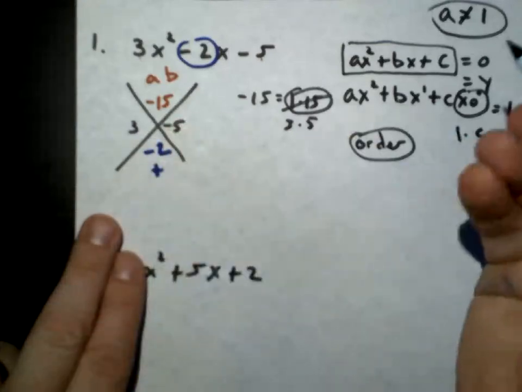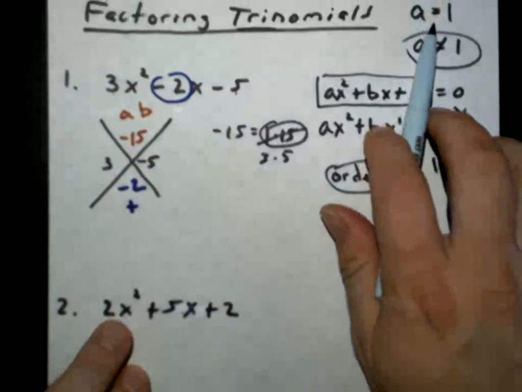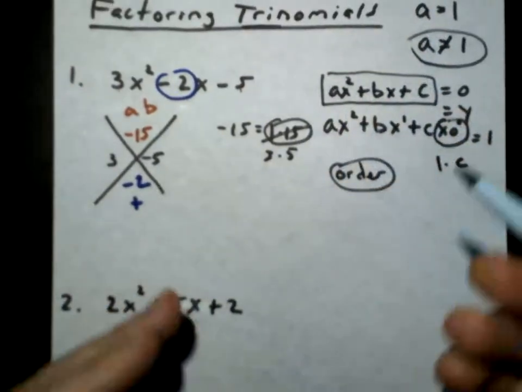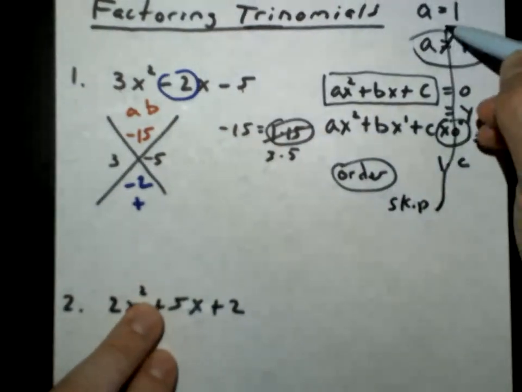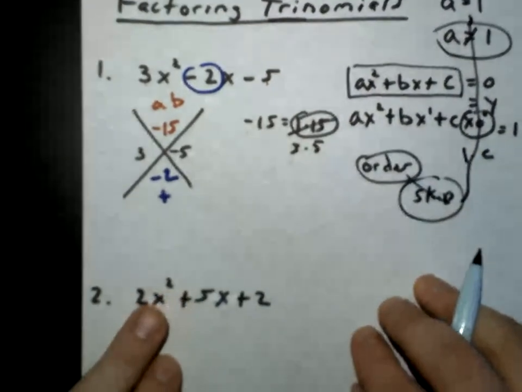See how that's working? Okay, so if you saw the other video that had a equals 1, we could skip that bonus feature. But since we don't have that, we can't skip this part.